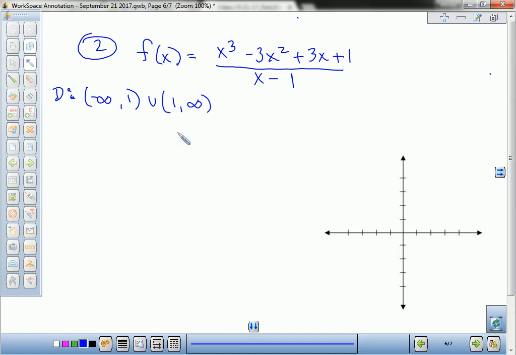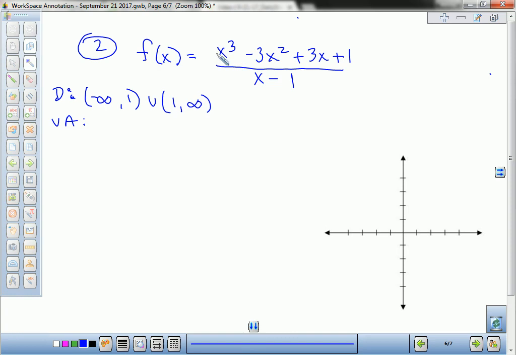All right, what's next after domain? Vertical asymptote? One. Well, we can't say that yet, because we don't know, or well, we might be able to tell if this is a factor of that. Remember the factor theorem?